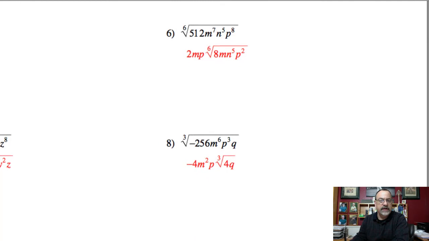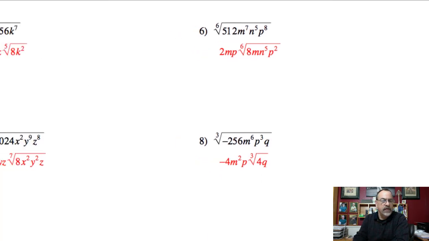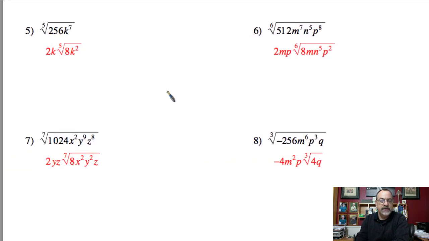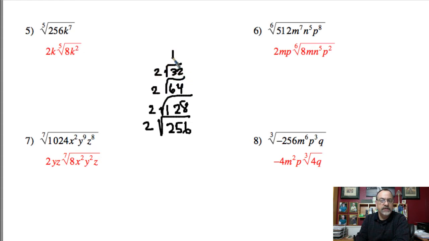Okay, so let's go ahead and do number 5 here. So again, I have 256, which I'm going to need to do my prime factorization with. So I'm going to divide by 2, so that's going to be 128, and then 2 into that would be 64, 2 into that 32, 2 into that 16, 2 into that 8, 2 into that 4, 2 into that 2, and 2 into that 1.